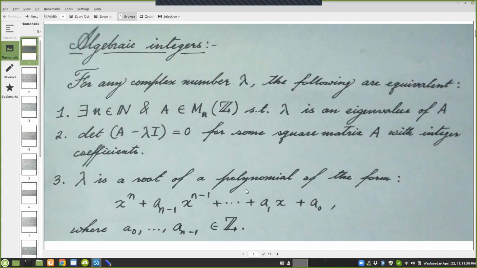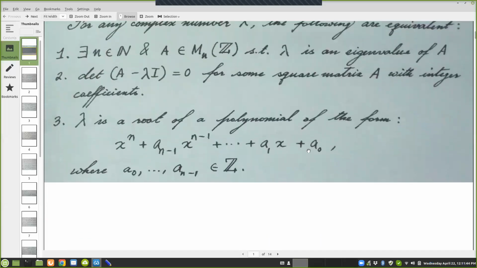Okay, now to prove 2 from 3, you have to consider the companion matrix of this polynomial. So let me remind you what it is. Given any monic polynomial, there is a matrix called the companion matrix, which has the minimal polynomial and characteristic polynomial equal to the given polynomial we started with.